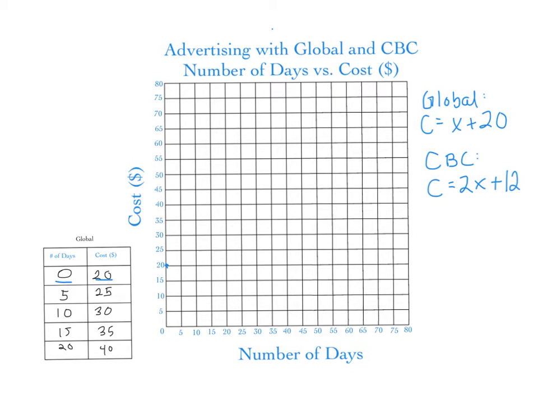And then my next point is going to be 5 and 25. I can mark that as well. And my next one is going to be 10 and 25, or sorry, 10 and 30. So I got that marked. And then 15 and 35. And then 20 and 40. And I can see the general pattern here now, that it's going up by 5 each time.